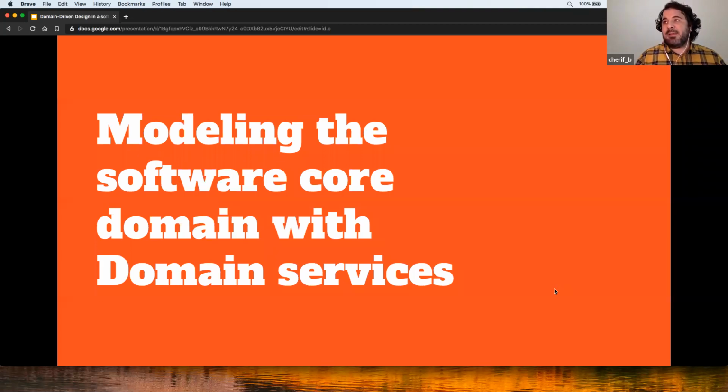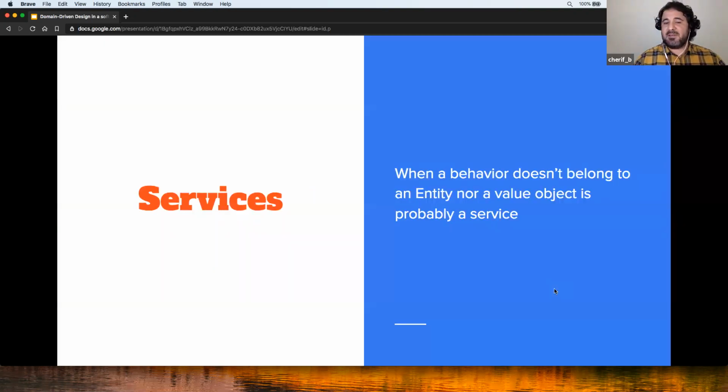And I'm going really quickly because I don't have much time, and those concepts are already known to most of us, I think. So, domain services: if we have some behavior that we cannot put in a value object or in an entity, we can use a domain service to solve this problem.